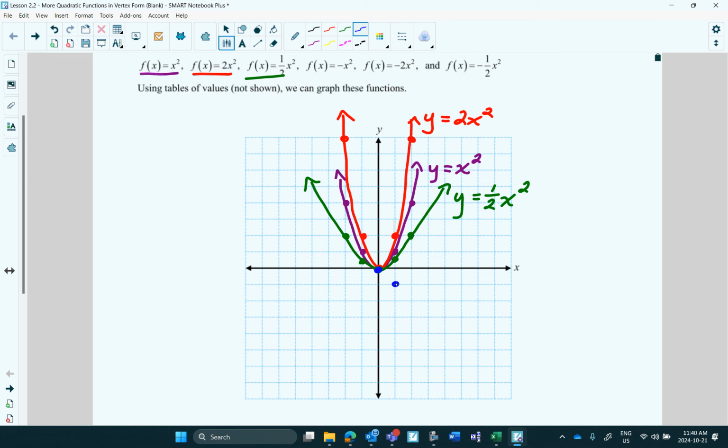So it becomes negative 1. And the other moves symmetrically. Instead of going 2 across, 4 up, I go 2 across, 4 down. So you can see what a negative does. It just flips it over the x-axis.